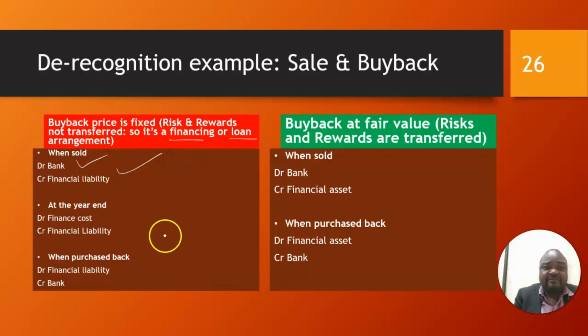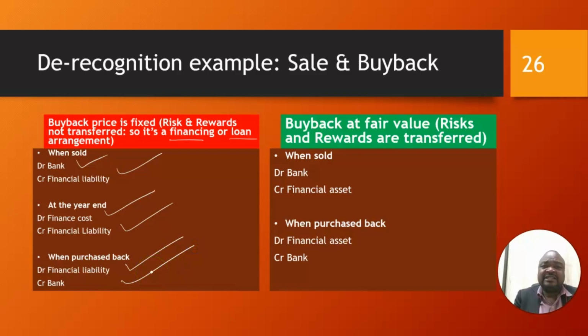At the end of the year, you need to account for the finance cost. So you debit the finance cost expense and credit the financial liability. So we are increasing the financial liability with the finance cost. And when you purchase the asset back, we are going to clear the liability by debiting liability and crediting bank.